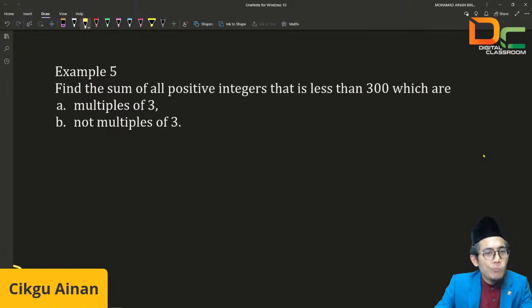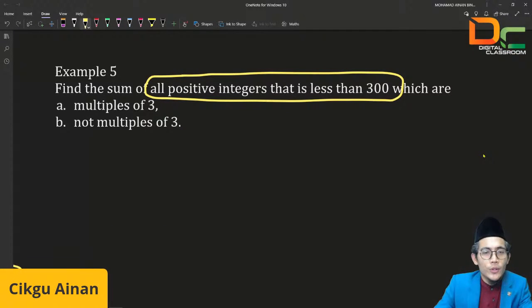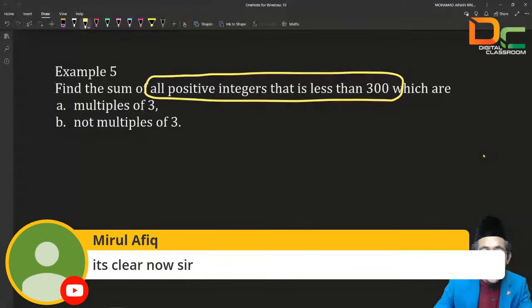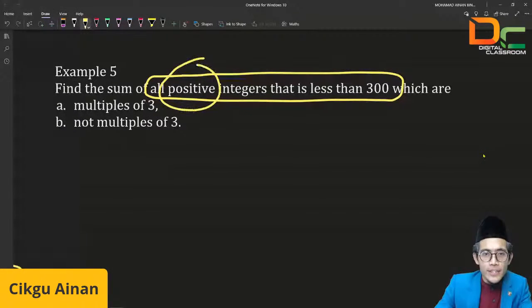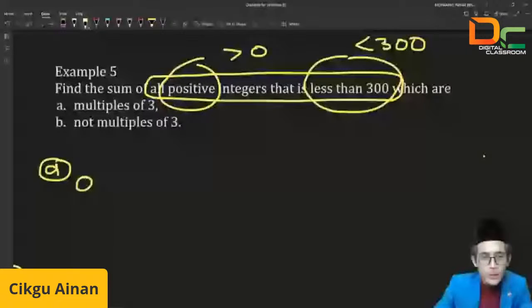Now we are going to list them, all positive integers that are less than 300. What does positive mean? Positive means greater than 0. This one is less than 300, it's obvious. So we start from 0 to 300.